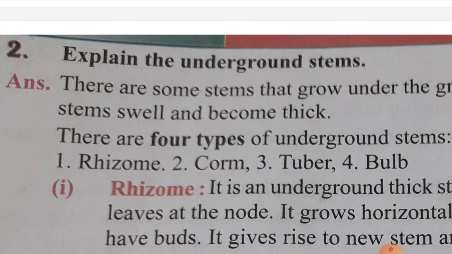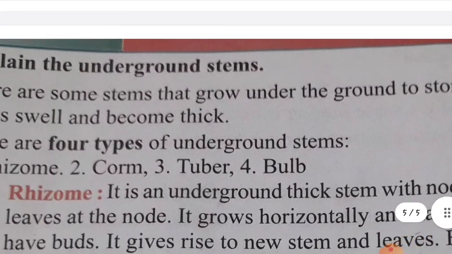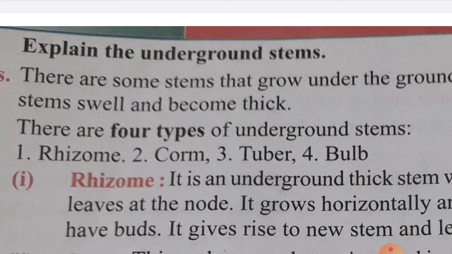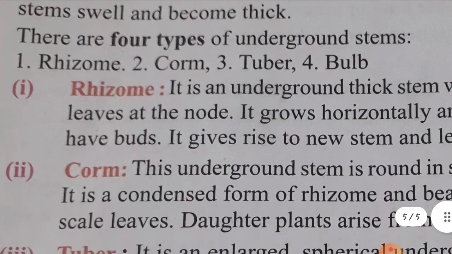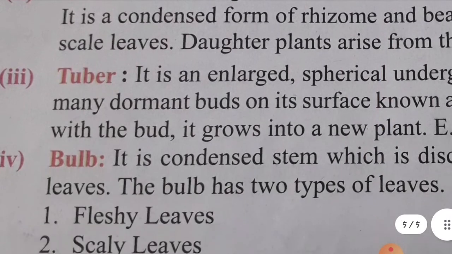Explain the underground stem. There are some stems that grow under the ground to store food. The stems swell and become thick. There are four types of underground stem, children. What are the four types? Rhizome, corm, tuber and bulb. You have to explain one by one, children, rhizome, corm, tuber, bulb, with examples also.